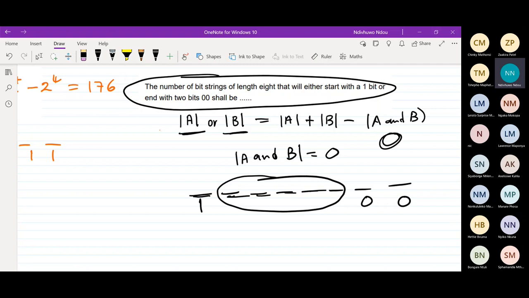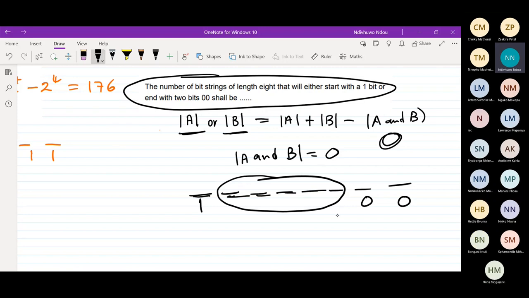I'm still disagreeing. I think it's the principle of inclusion and exclusion. Every time we want to find the cardinality of A or B, which is similar to what this question wants, either start with 1 bit or end with 2 bits, I think we need to use the principle of inclusion and exclusion.